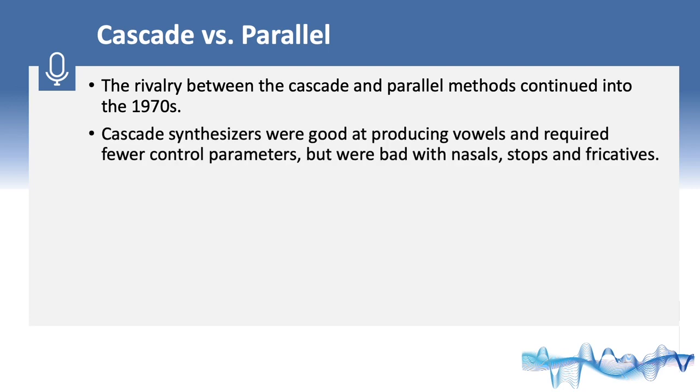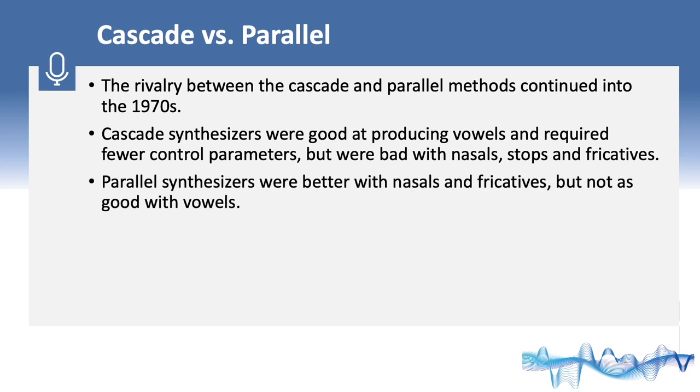Cascade synthesizers were good at producing vowels and required fewer control parameters, but were bad with nasals, stops, and fricatives. Parallel synthesizers were better with nasals and fricatives, but not as good with vowels.